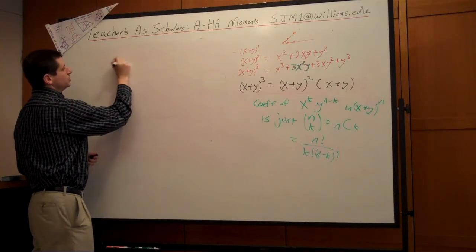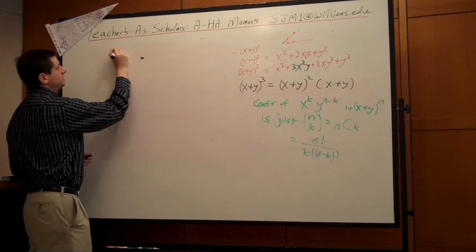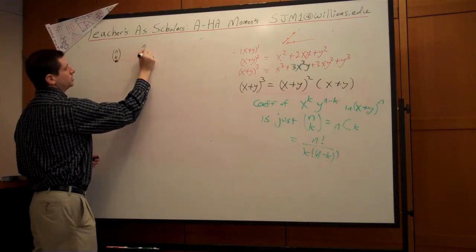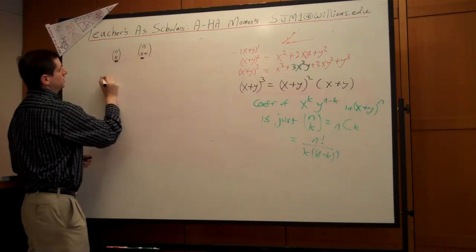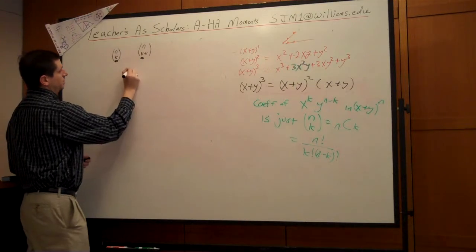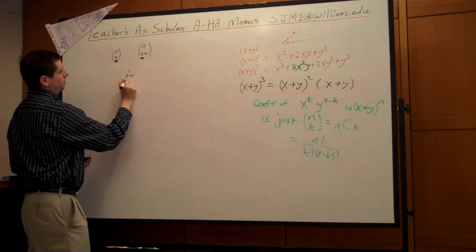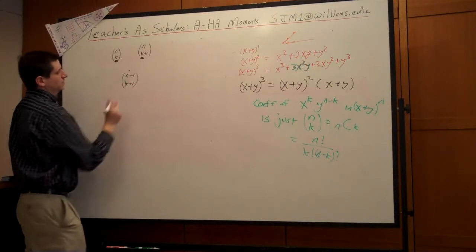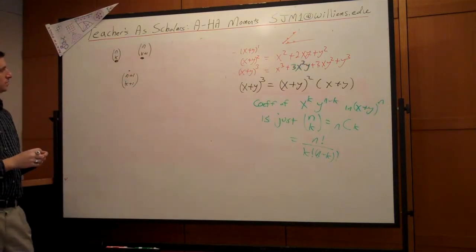I'm going to just do a small subset of Pascal's triangle. Let's say that this is n choose k over here, and this is n choose k plus 1 over here. This would be n plus 1. Okay.